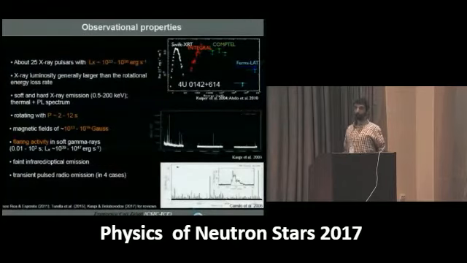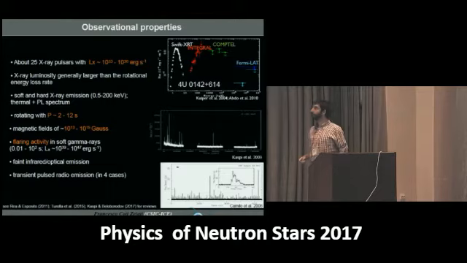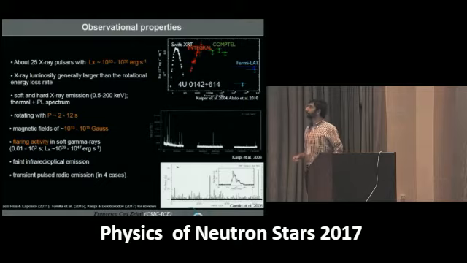So first of all, I would like to give you a brief introduction, an overview of the observational properties of magnetars. They are about 25 isolated X-ray pulsars, according to the McGill online magnetar catalog, whose X-ray luminosity is typically in the range from 10^33 to 10^36 erg per second, which is generally larger than the rotational energy loss rate for these sources.